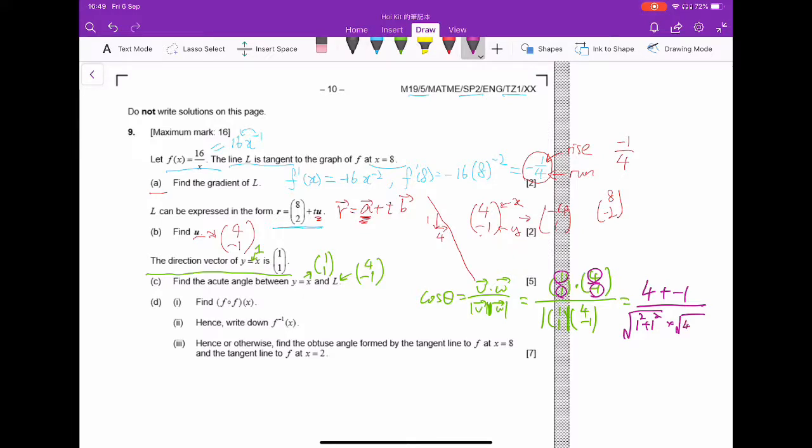So that would be 4 squared plus (-1) squared, which gets 3 over root 2 times root (16 plus 1), 17. So that's 3 over root 34. So we'll need to find theta. Theta would be the inverse cosine of 3 over root 34.